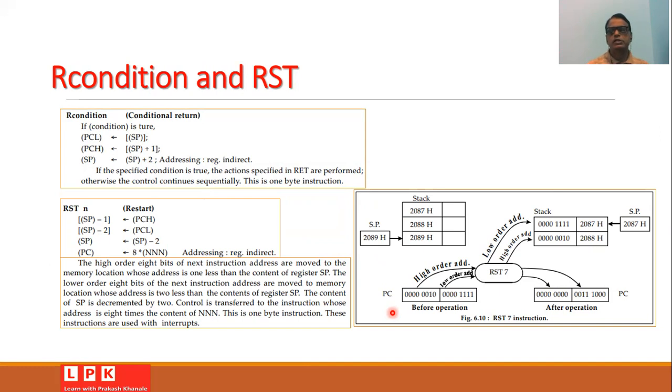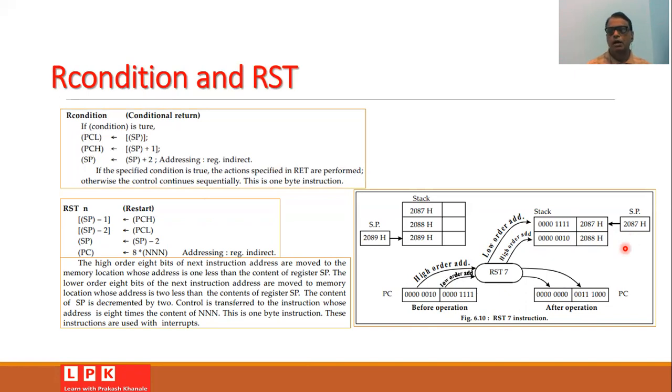Now, when this instruction, say for example RST 7, is executed, then the lower order address is transferred to the location 2087, 00001111, and the higher order is transferred to the location 2088, 00000010, and the stack pointer content will be decremented by 2.